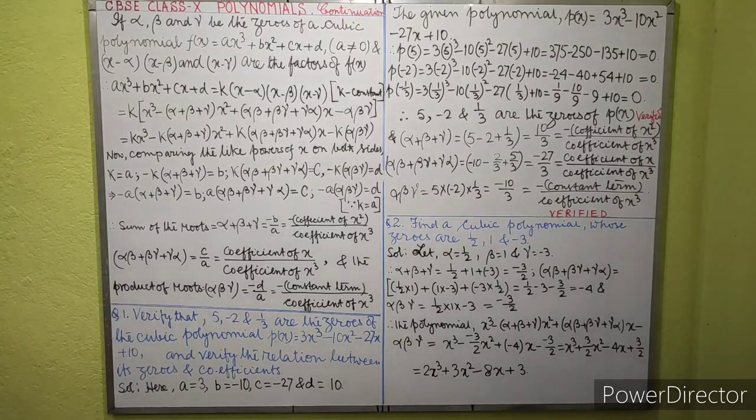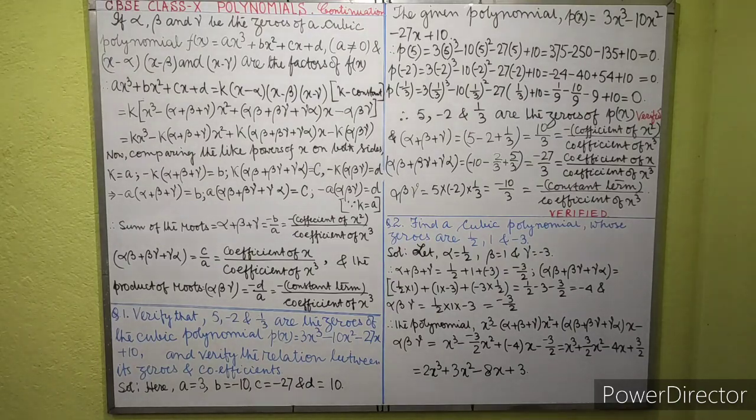Therefore, if we look more closely, by removing the bracket we will get kx cube minus k into (alpha plus beta plus gamma) x square plus k into (alpha beta plus beta gamma plus gamma alpha) x minus k into alpha beta gamma. Therefore, this is the polynomial.